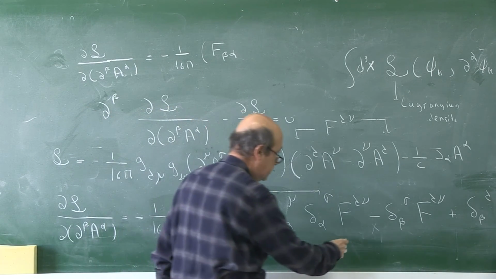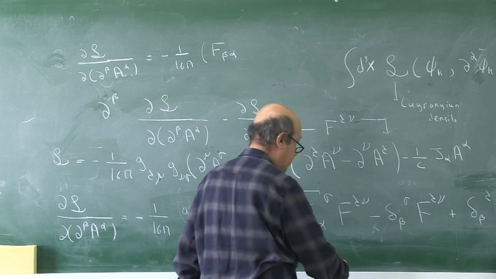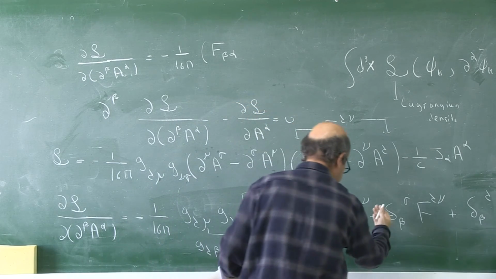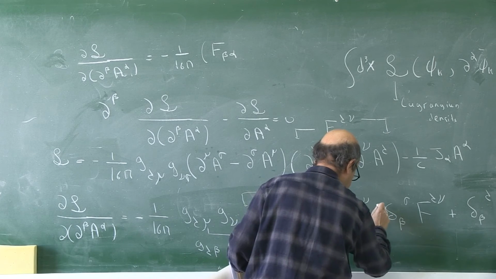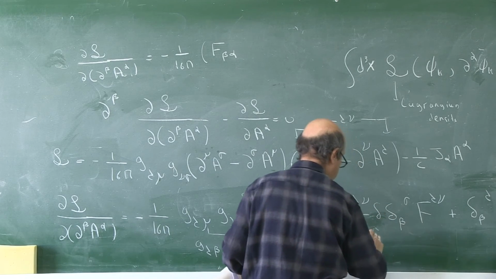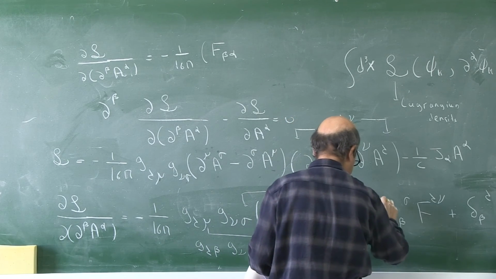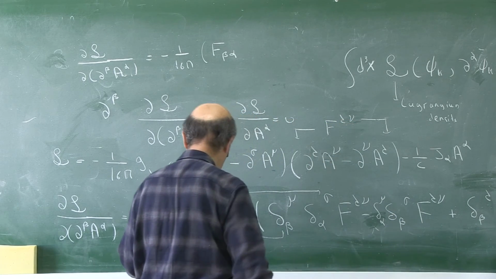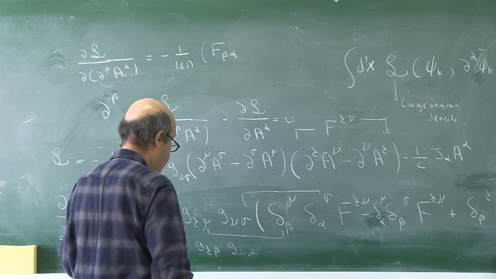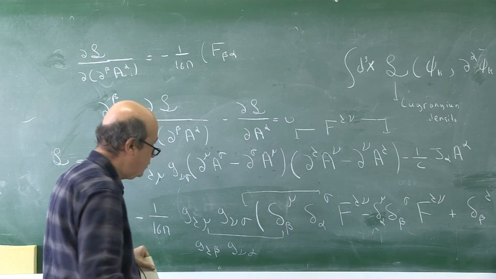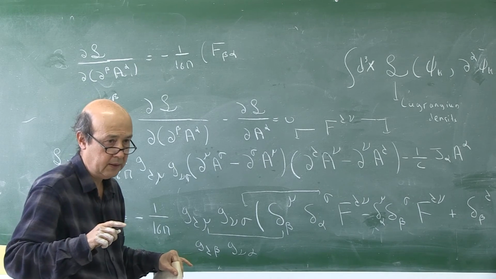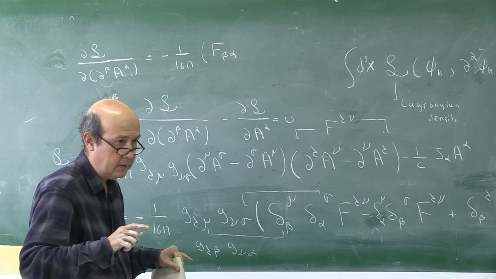What happens if you do the same thing, but in the second one there is some mistake? What is that mistake? Thank you. Delta mu alpha. Okay. So if you do the second one, what you are going to obtain? Beta alpha.